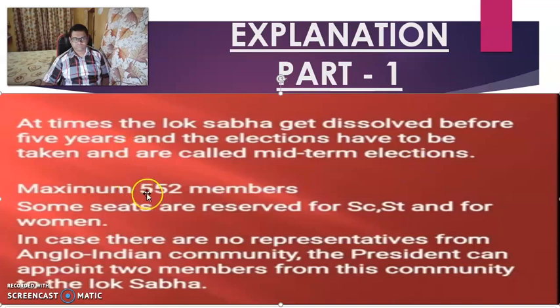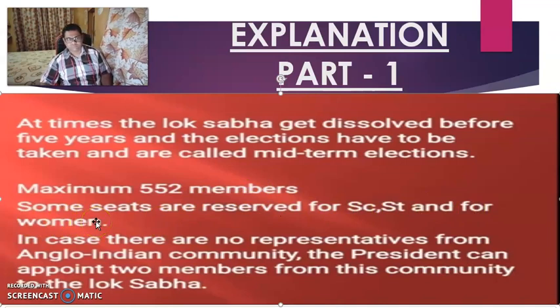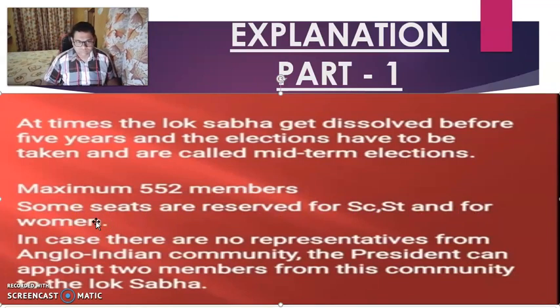A maximum of 552 members are there in the Lok Sabha. Some seats are also reserved for the scheduled castes, scheduled tribes, and even for women. Why are seats reserved?